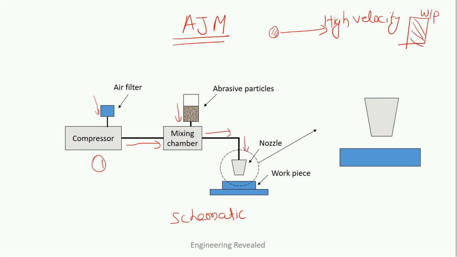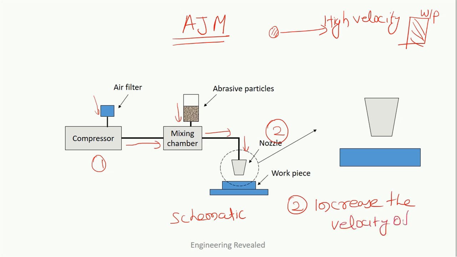The nozzle is the most important part. It is used to increase the velocity of the carrier gas. When the carrier gas velocity is increased, that means the abrasive particle velocity also increases.